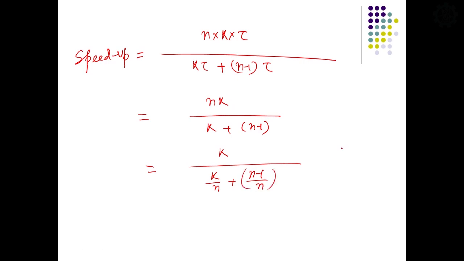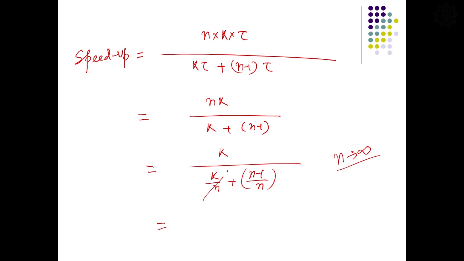Now, if n tends to infinity, that means instead of 4 instructions, you have a huge number of instructions. We do not know how many instructions will be there in a program. So, if n tends to infinity, what will be the value here?